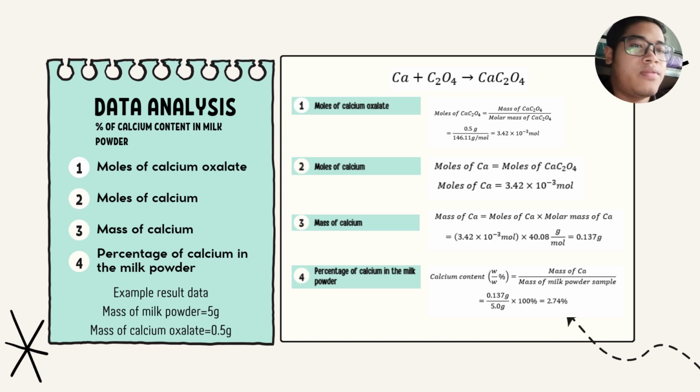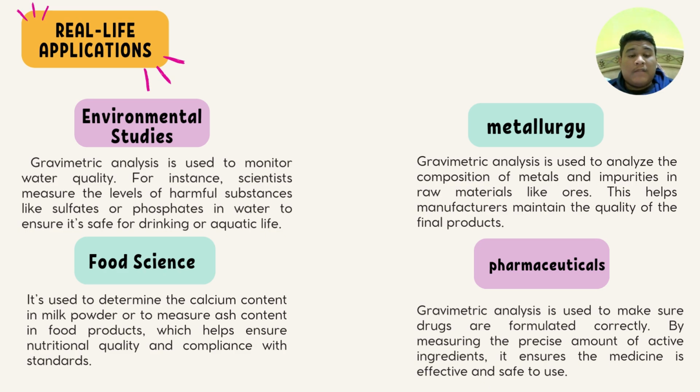We can use the formula mass of calcium divided by mass of milk powder sample, which is 0.137 grams divided by 5 grams times 100%, and the result we obtain is 2.74%.